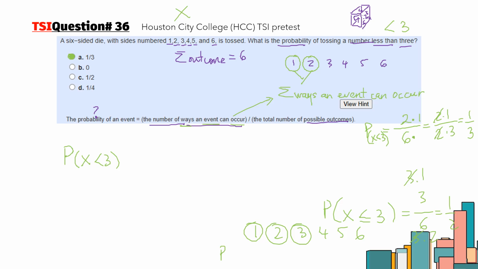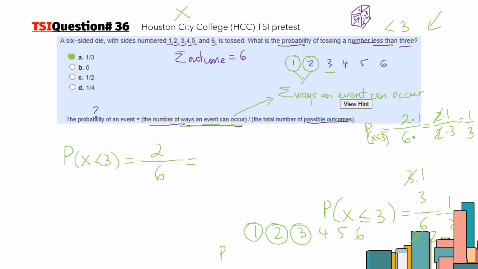So reading the questions, you need to be careful. In this question it is strictly less than 3, so 3 is not included. We write down the number of ways an event can occur. In this case, less than 3, you have 1 and 2, so you have 2 outcomes. Then the total possible outcome is 6 because the die has 6 sides.